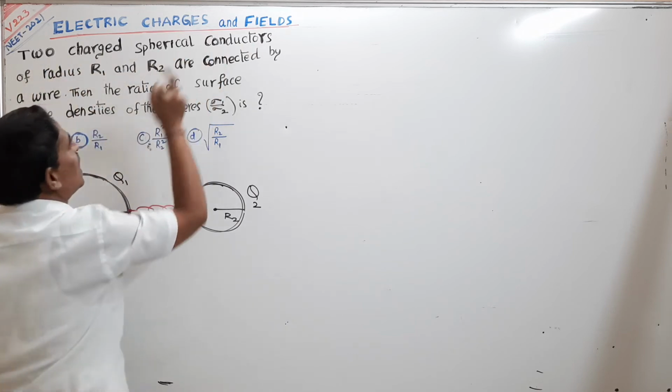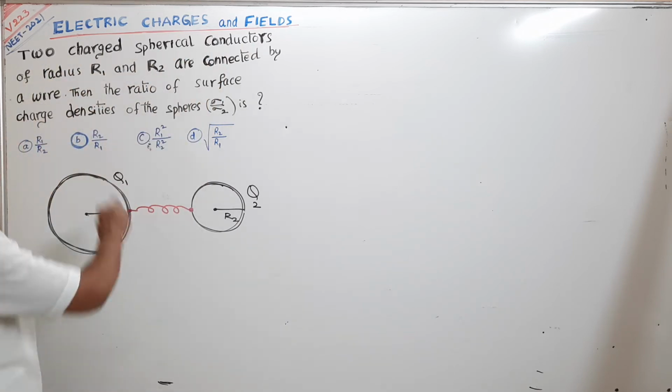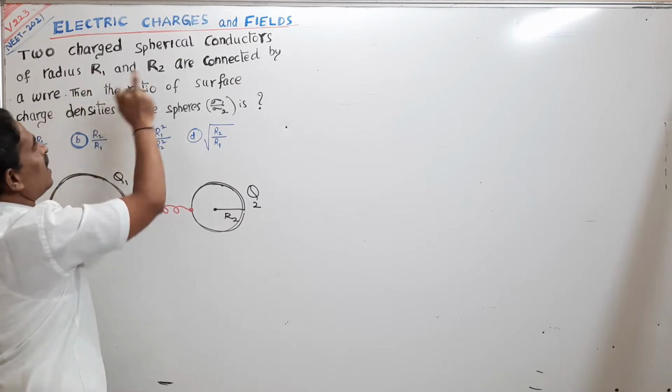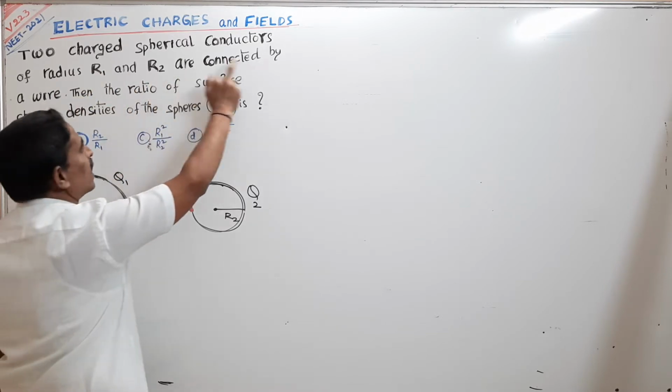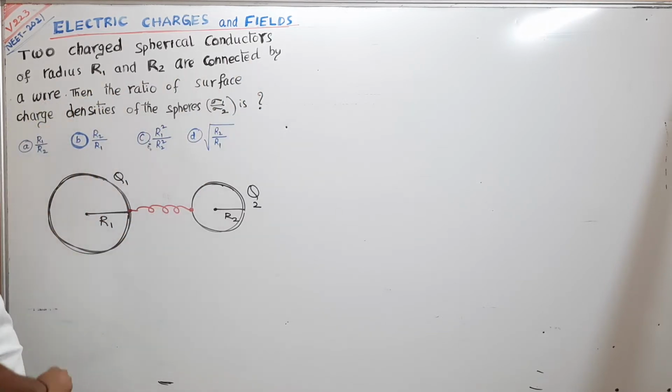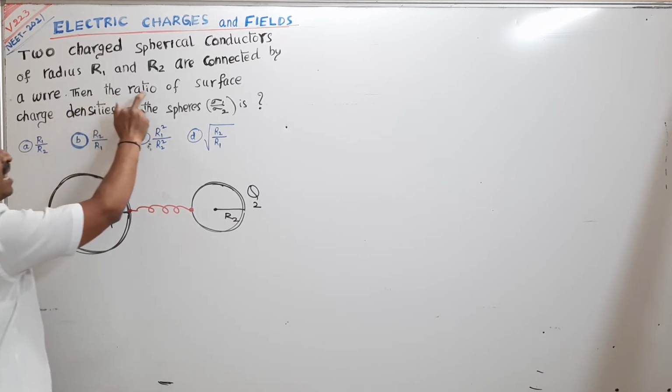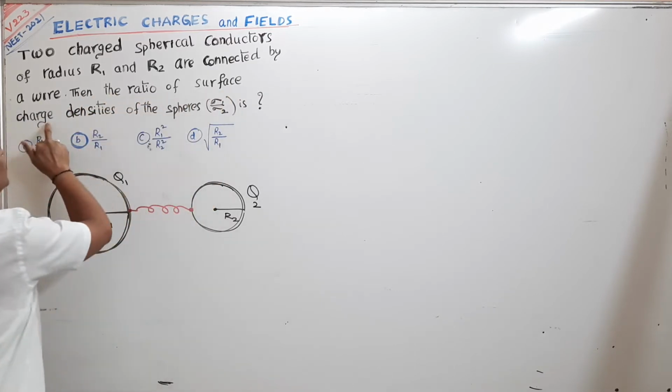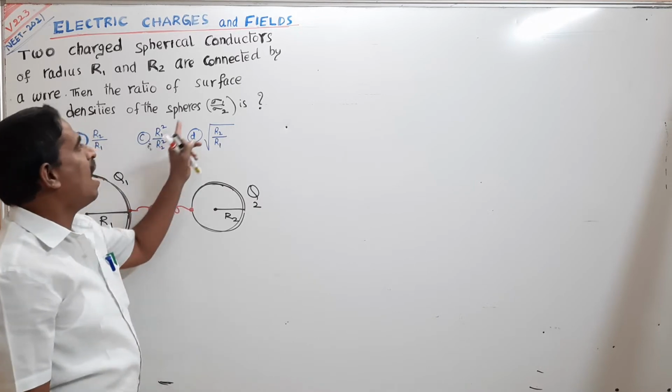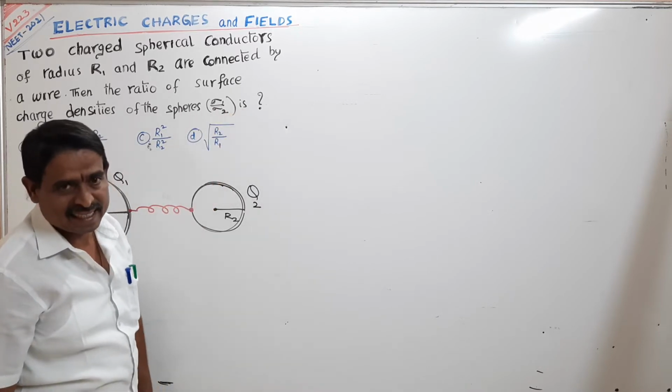If charged spherical conductors of radius R1 and R2 are connected by a wire, then the ratio of surface charge densities of the spheres is now.